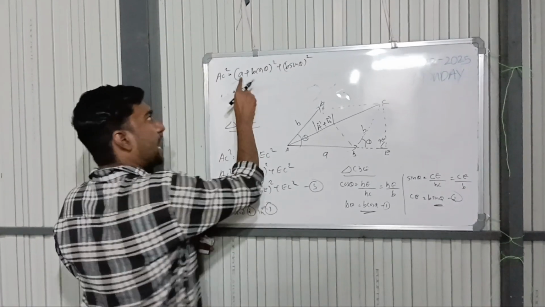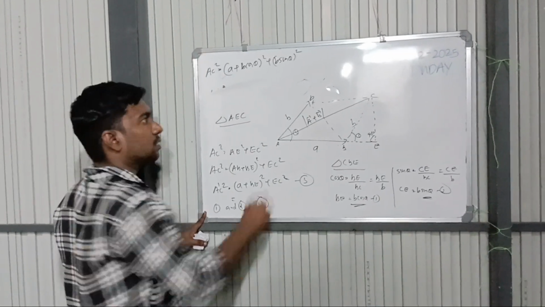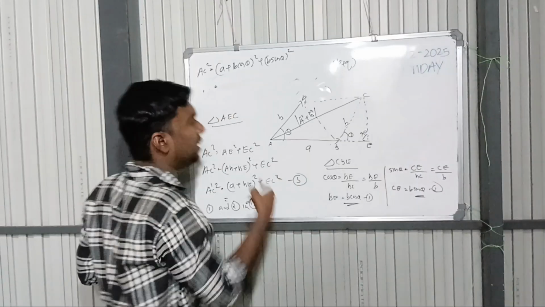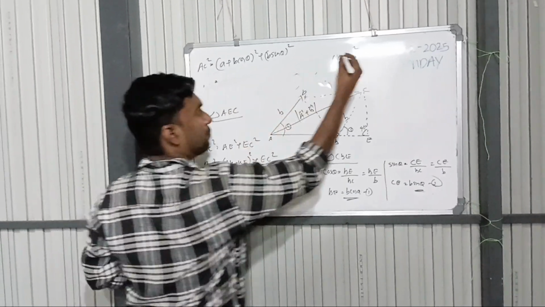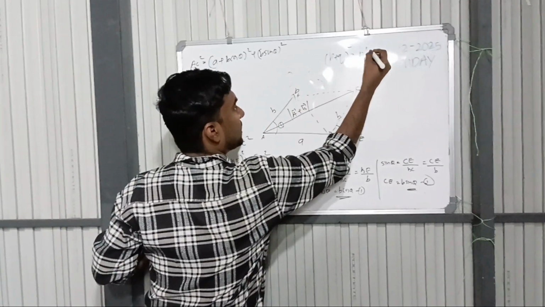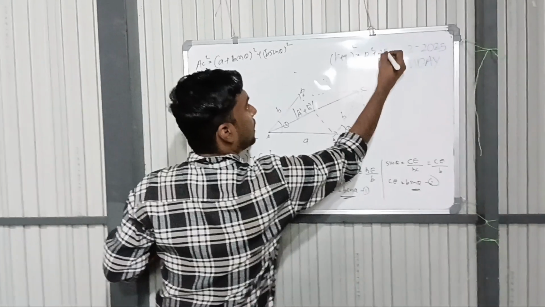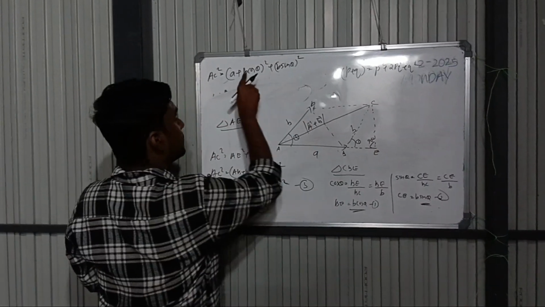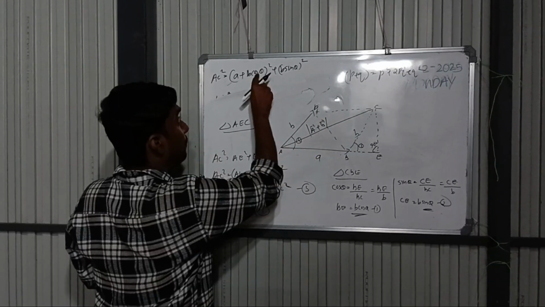Now what is A plus B cos theta all square? Very simple, I take it as P plus Q. Commonly we take A plus B, but we substitute that value, so P plus Q whole square we can connect very easily: P square plus 2PQ plus Q square, we know. So here P is A, Q is B cos theta.